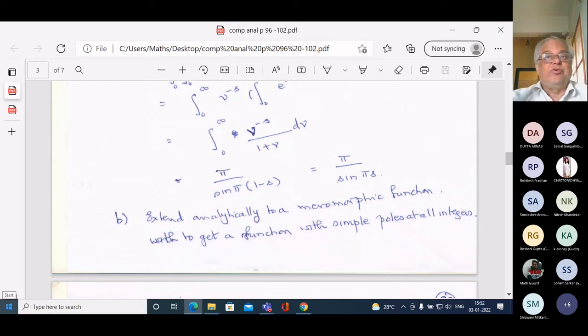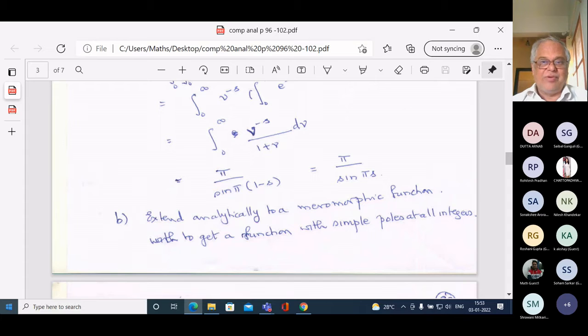But there's a lot of things going on behind the scenes, because this is a consequence of the residue theorem, which is a consequence of Cauchy's integral formula, and so on and so forth. So this particular formula is a consequence of the Cauchy integral formula, which implies the residue theorem, which implies this and that and whatever.